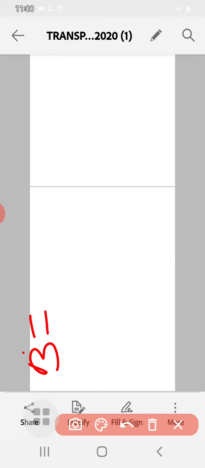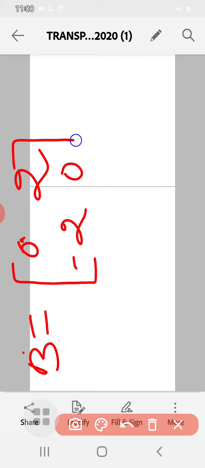Consider, carefully here, the matrix B. I will consider say 0, 2, minus 2, 0. This is a square matrix. Can we say that it satisfies that condition? Is it a skew symmetric matrix? So what is the definition here?